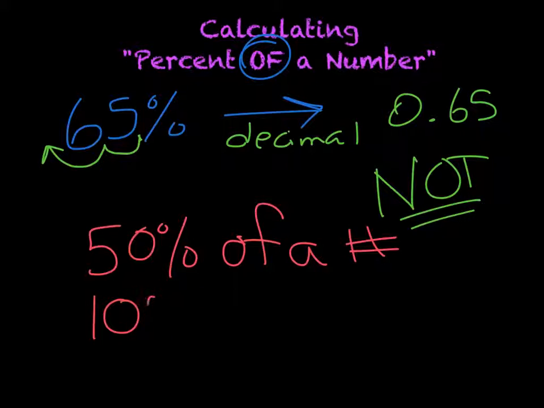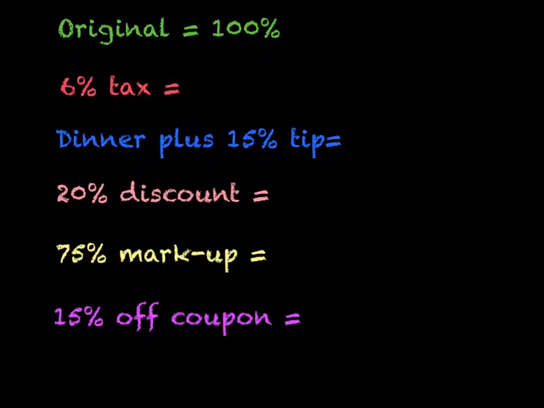I hope you know that for 10% of a number, I can just divide it by 10 or move my decimal 1 place to the left. So just keep in mind, we're going to be calculating the percent of a number. We're trying to find what part of a whole equals a certain thing. Okay? All right, let me give you some shortcuts.